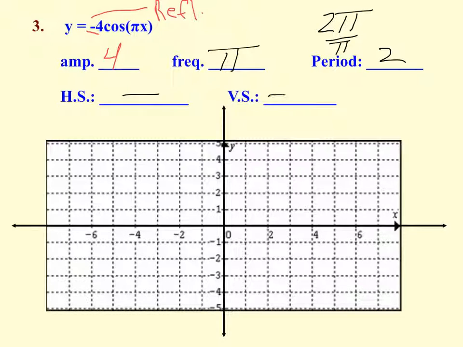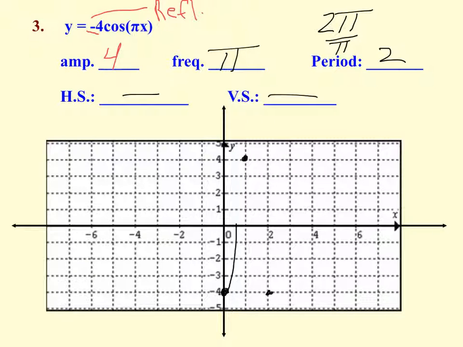We have no vertical or horizontal shift, and so with the cosine graph, the x starts off in a trough. In other words, we're going to start off down here at -4. The maximum is going to be reached and then back down to a minimum within 1 period.